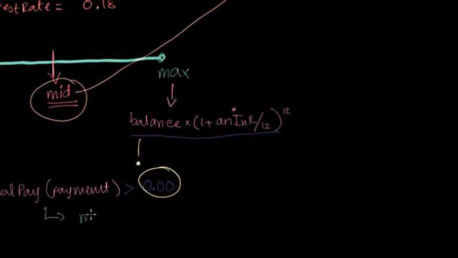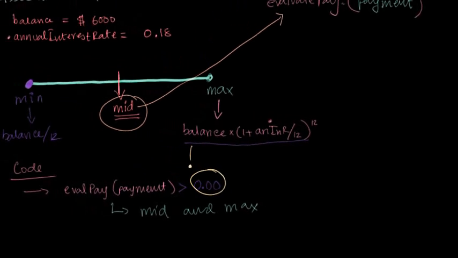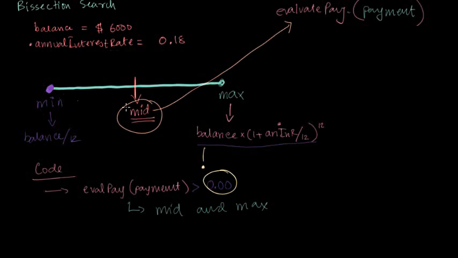between the mid and max, right? So you've searched, you've evaluated, and you realize it's not enough, so we need to search somewhere along these lines. Your mid becomes the new min, and your max remains the max. You bisect this part, and say it was still not enough, this part, and say it was still not enough, this part.